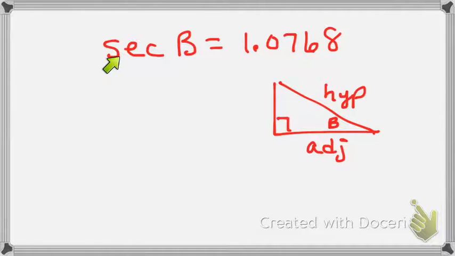Well, I don't have a secant button on my calculator, so how am I going to do this? If secant of B is equal to that, what would cosine of B be equal to? If secant's equal to this, then cosine's equal to the reciprocal of this. Since I don't know it as a fraction, I'm just going to write it like this.